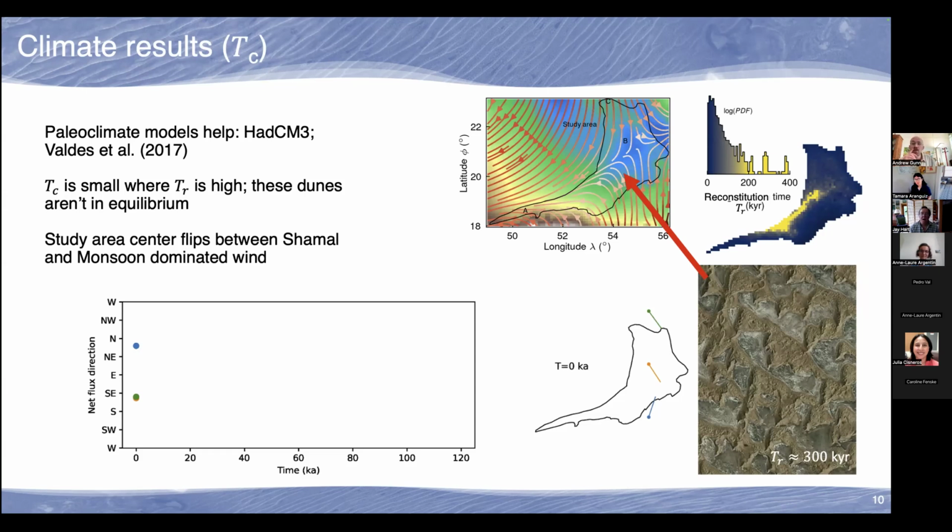Those are places where the net sand transport magnitude is actually quite low, because the winds are moving sand back and forth. So the reconstitution time there is actually quite long, because the net transport rate is low, since it's just back and forth all the time. So you're totally right.